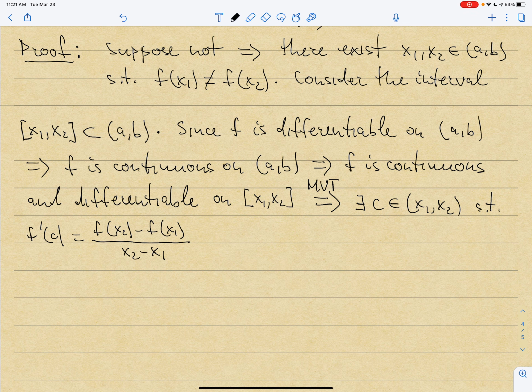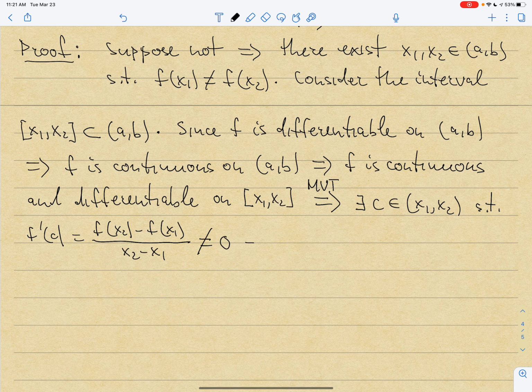And by our assumption, x1 and x2 are two different points. So x2 minus x1 is different from 0. And f of x2 minus f of x1 is not equal to 0, because f of x1 is not equal to f of x2. So that means that this derivative is not equal to 0.